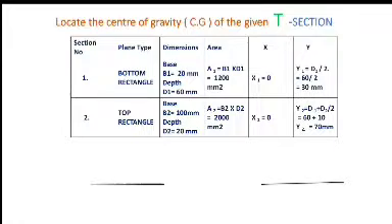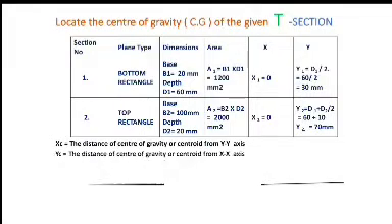Section number, plane type, dimensions, area, x values and y values. The T section is symmetric about the y-axis, hence the values of x1 and x2 equal 0. There is no need to find the values of x. Now, by using the standard expression for a centroid, where xc is the distance of the centroid or center of gravity from the y axis, and yc is the distance of the center of gravity or centroid from the xx axis, xc equal to a1 x1 plus a2 x2 by a1 plus a2.